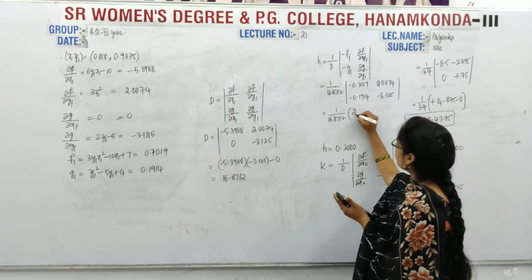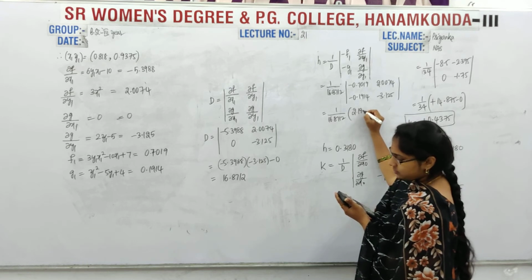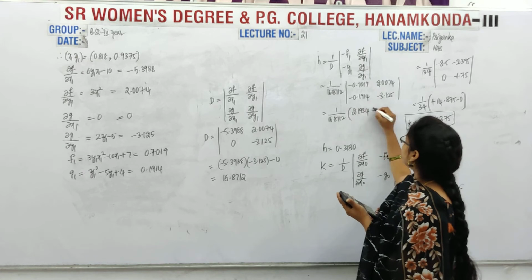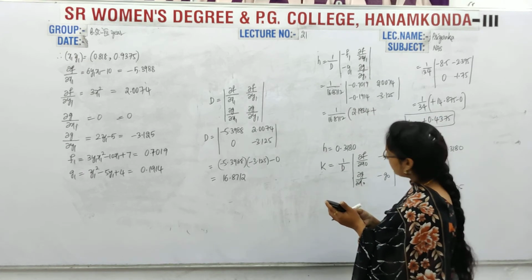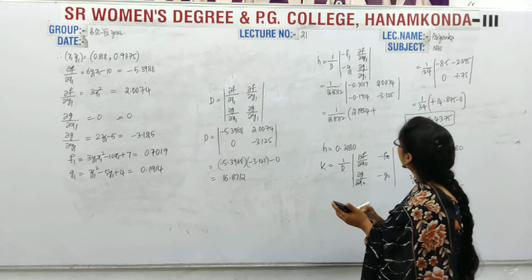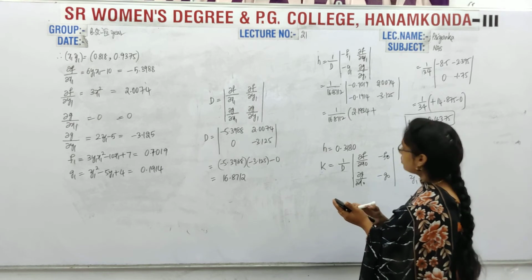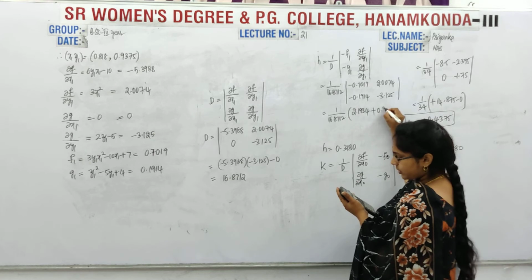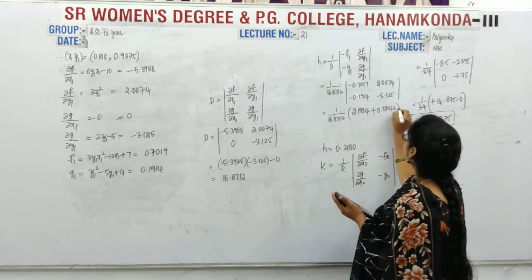Now it is 2.19343, so I am taking 2.1934. Minus into minus again plus, 0.1914 into 2.0074, that is 0.3842.